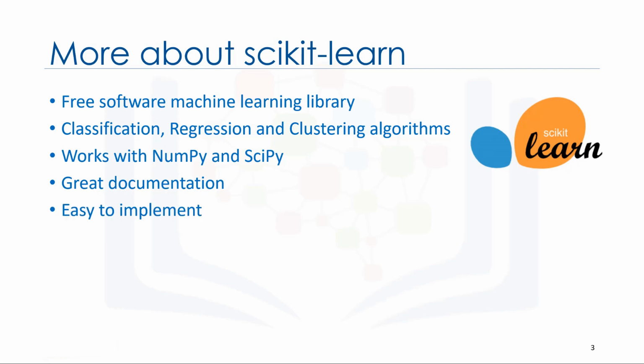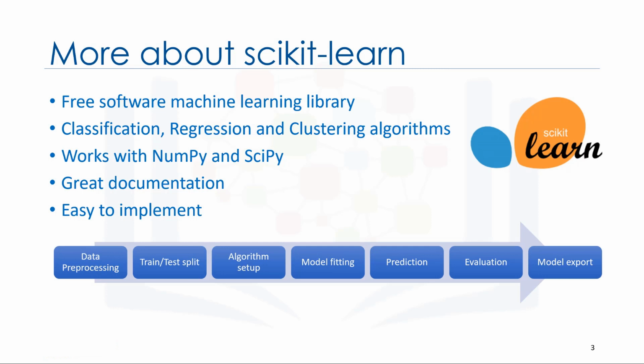On top of that, implementing machine learning models with Scikit-learn is really easy with a few lines of Python code. Most of the tasks that need to be done in a machine learning pipeline are implemented already in Scikit-learn, including pre-processing of data, feature selection, feature extraction, train-test splitting, defining the algorithms, fitting models, tuning parameters, prediction, evaluation, and exporting the model.